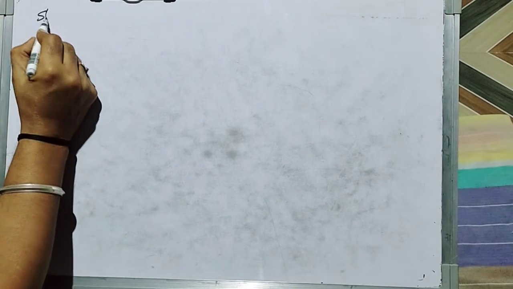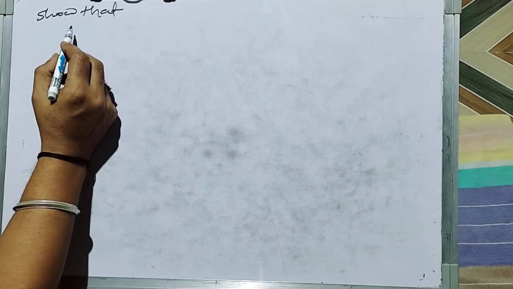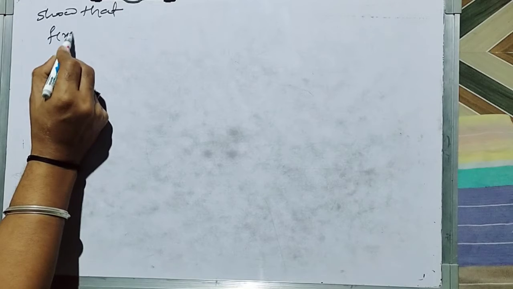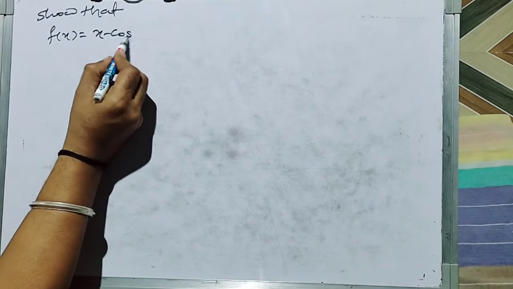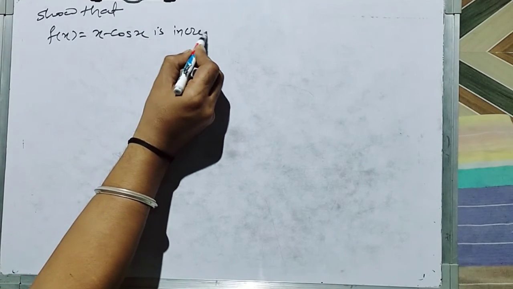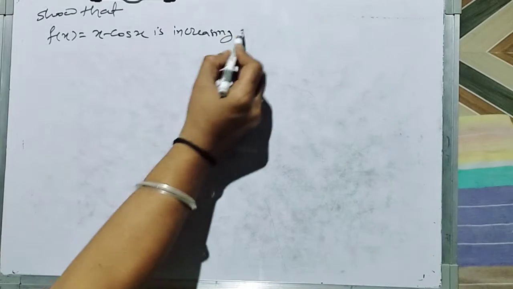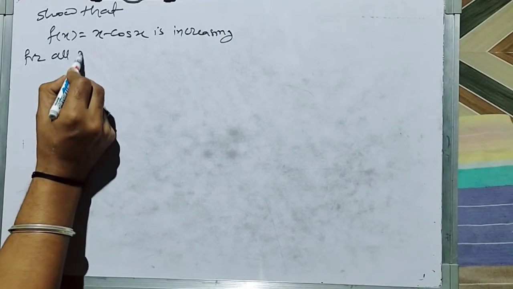Show that f of x is equal to x minus cos of x is increasing for all x.